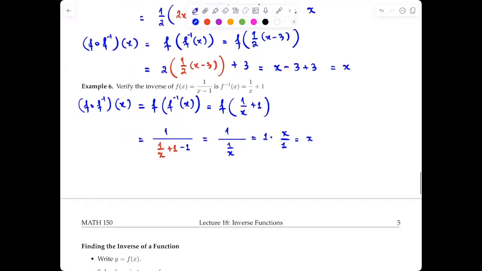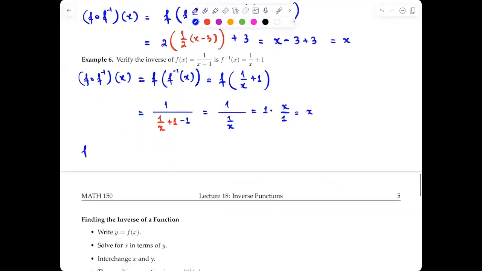Right. Now another one here, f inverse composed with f of x, or f inverse of f of x. For f of x equal to 1 over x minus 1, f inverse is 1 over x altogether plus 1.